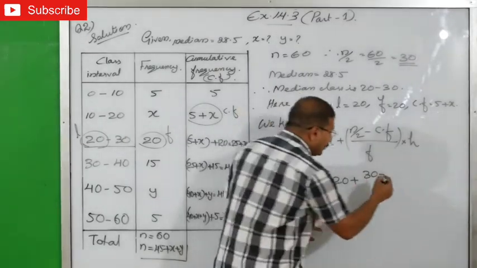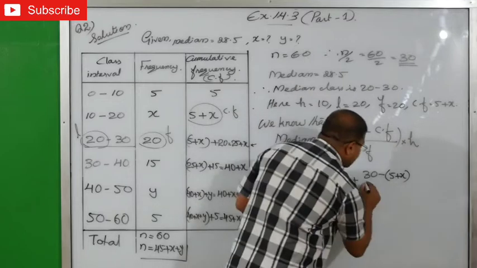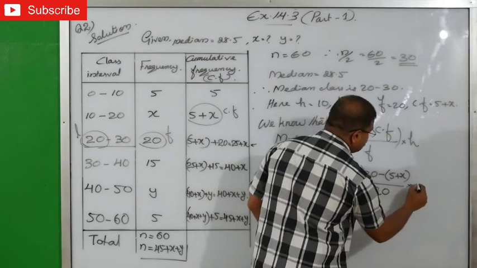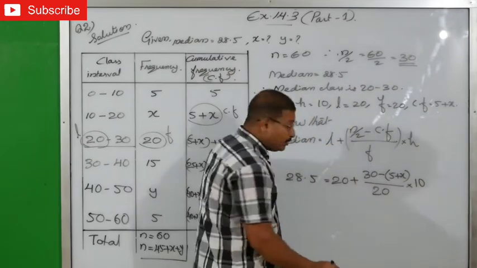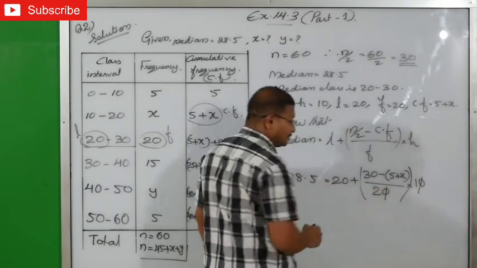Be very careful, you have to put it inside the bracket, divided by the value of F, 20, into the value of H, 10. Now of course directly we can cancel the zeros.